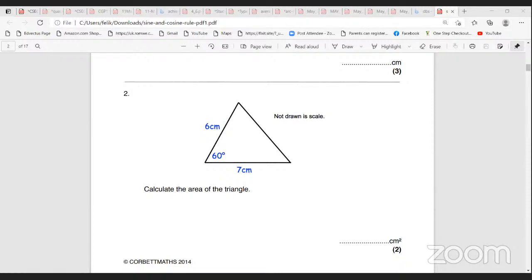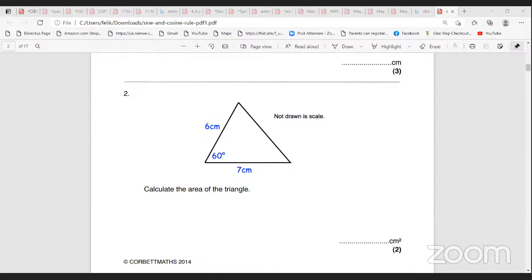Does anyone know the formula to use for the triangle when finding the half area? Base and height, Miss. All right, so we can't use half base times height because this is not a right angle triangle. We don't have a right angle.